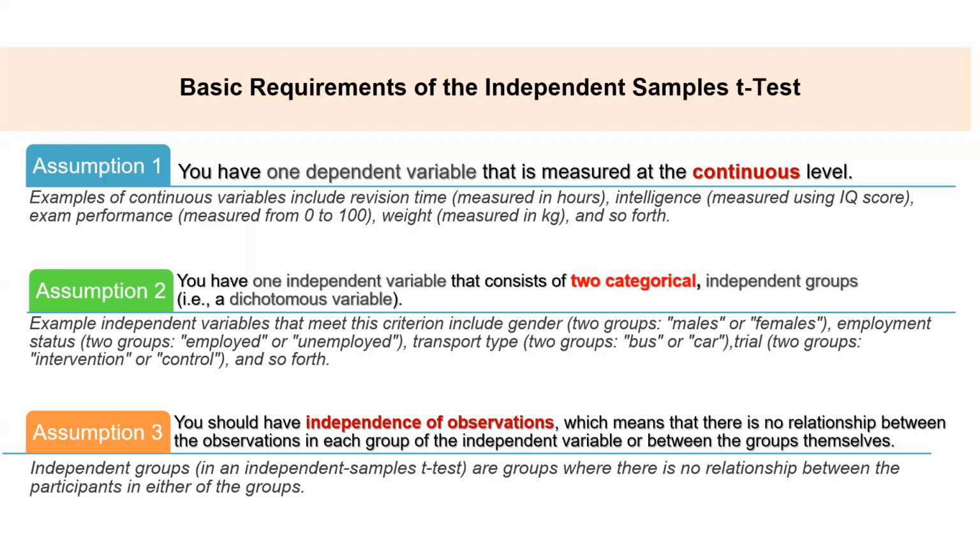When we speak about independent groups in an independent samples t-test, these are groups where there is no relationship between the participants in either of the groups. To make it simple, a participant or respondent of yours does not influence the scores of other participants within the group or in the other group.